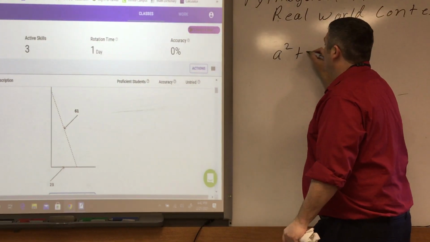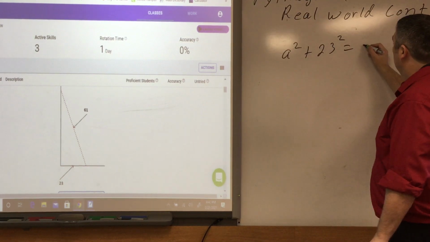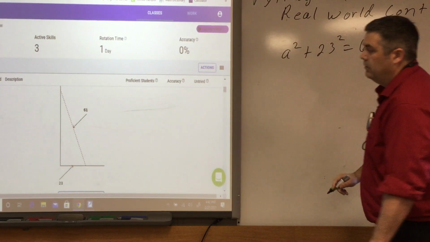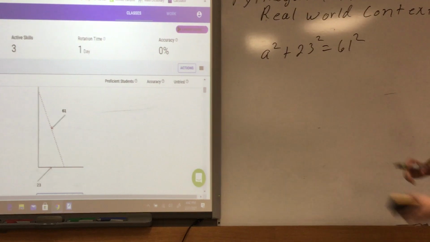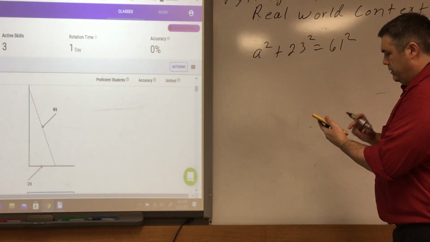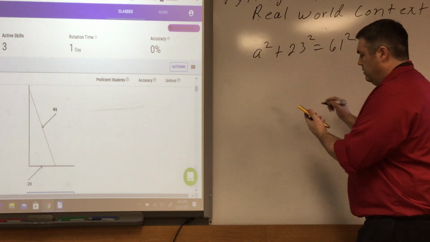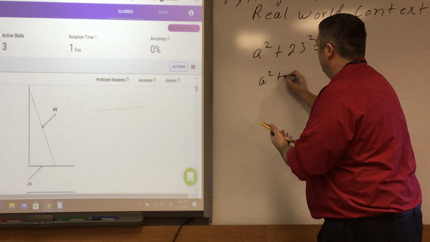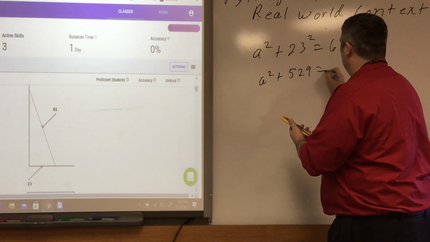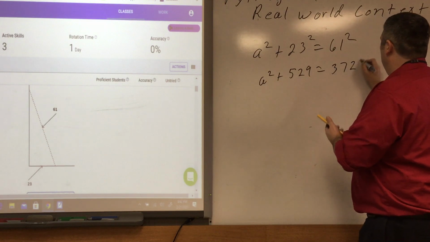A squared plus B squared equals C squared. All right, so 23 squared, A squared plus 529 equals 61 squared, 3721.